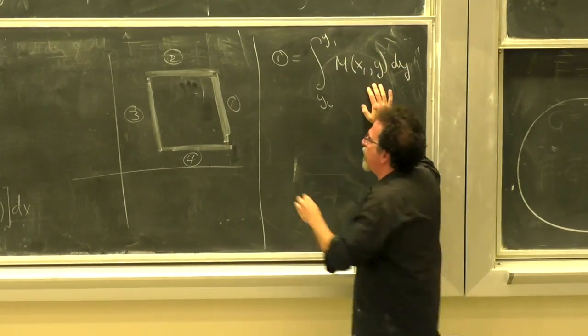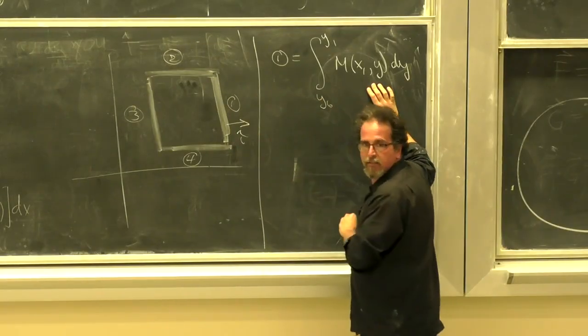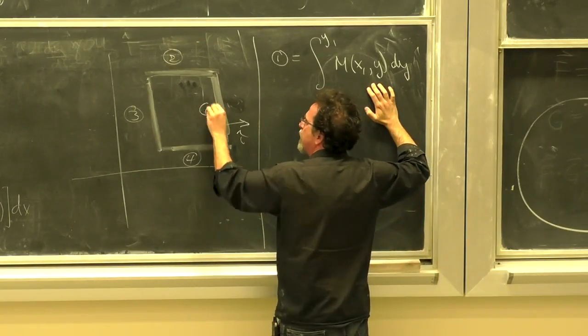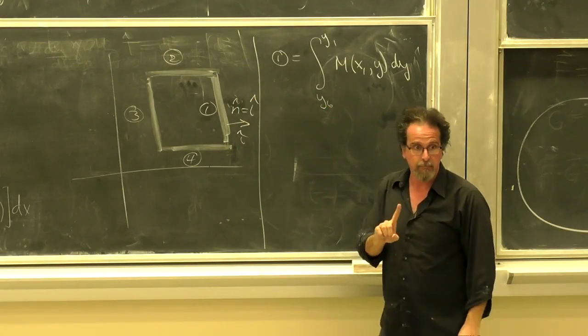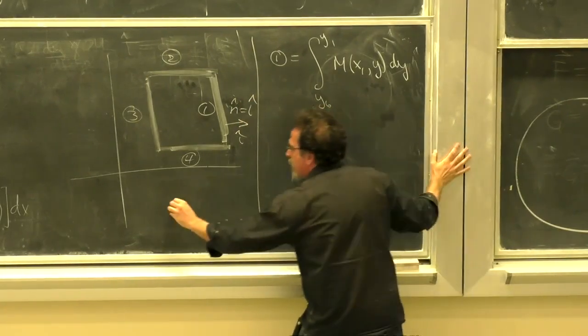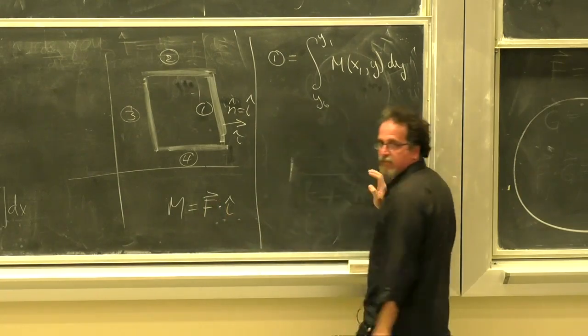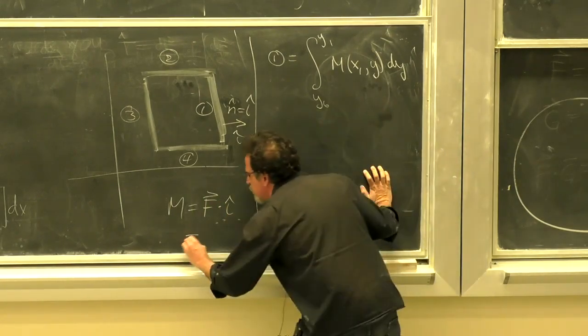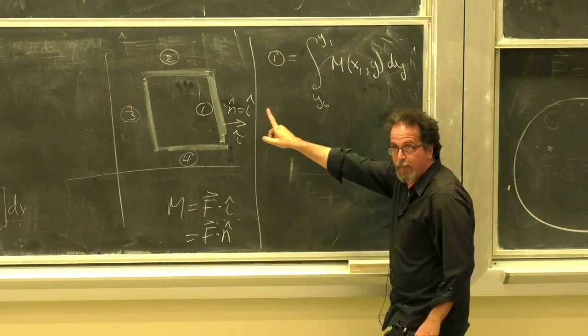Well, what's the normal vector over here? What's the normal vector? It's i hat. The unit normal on this boundary is equal to i hat. M is equal to F dotted into i hat. Therefore, it is equal to F dotted into the unit normal on that boundary.